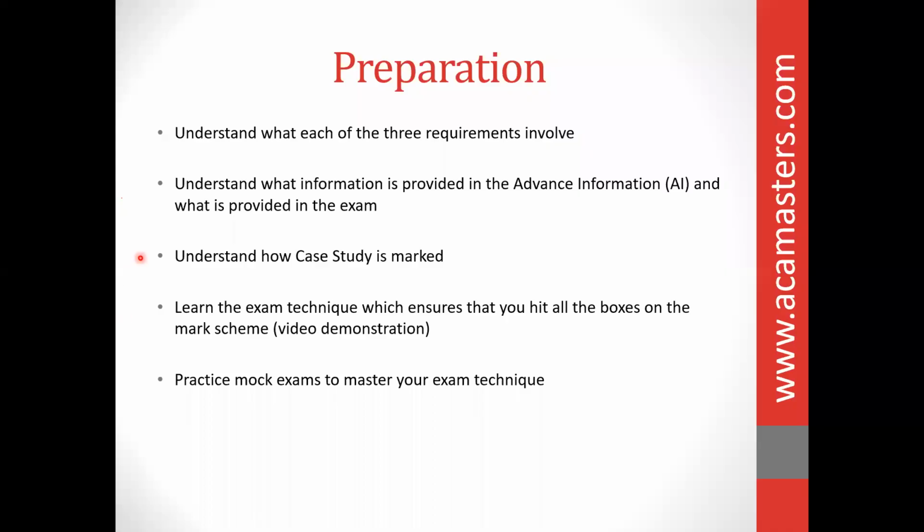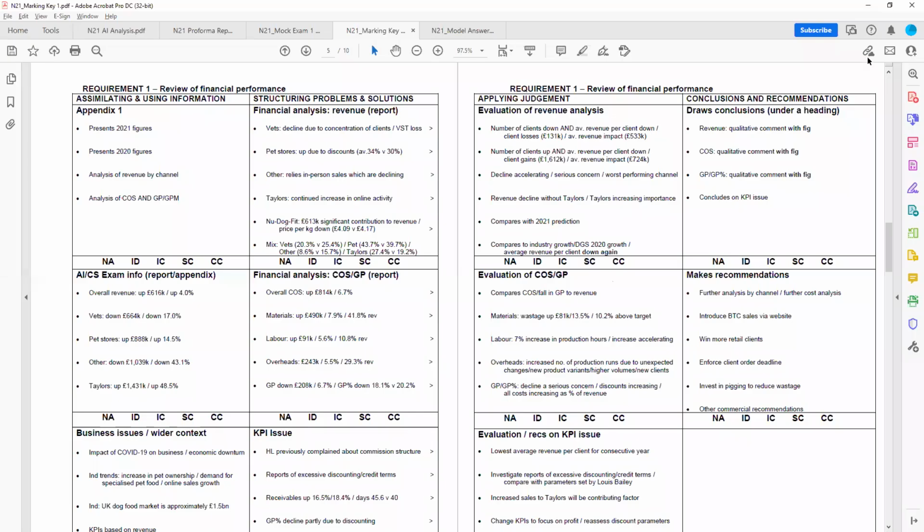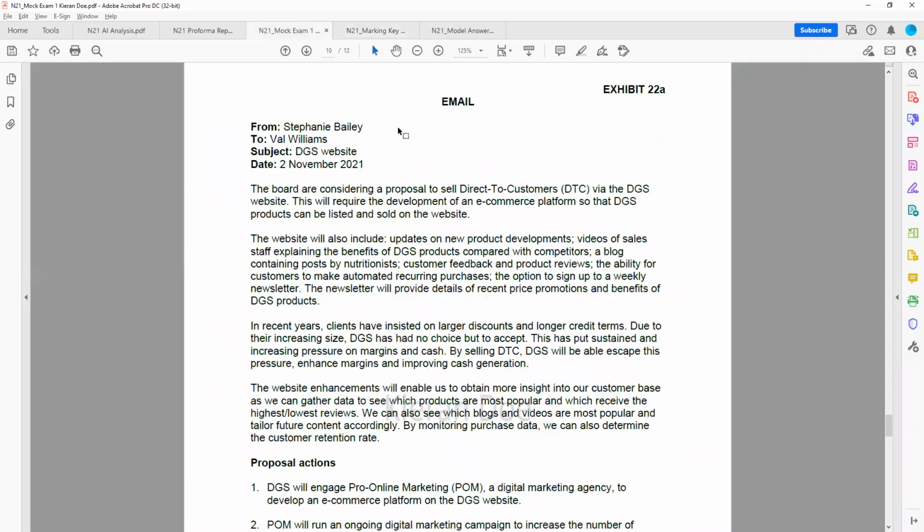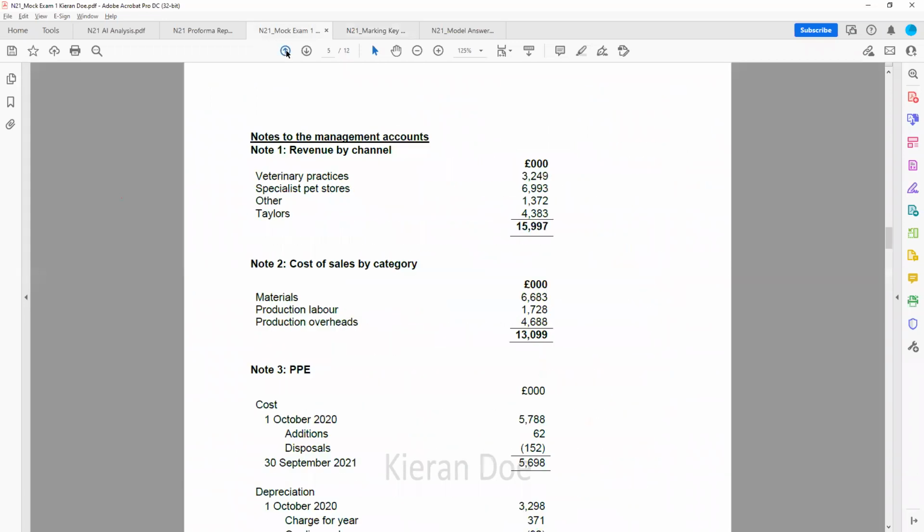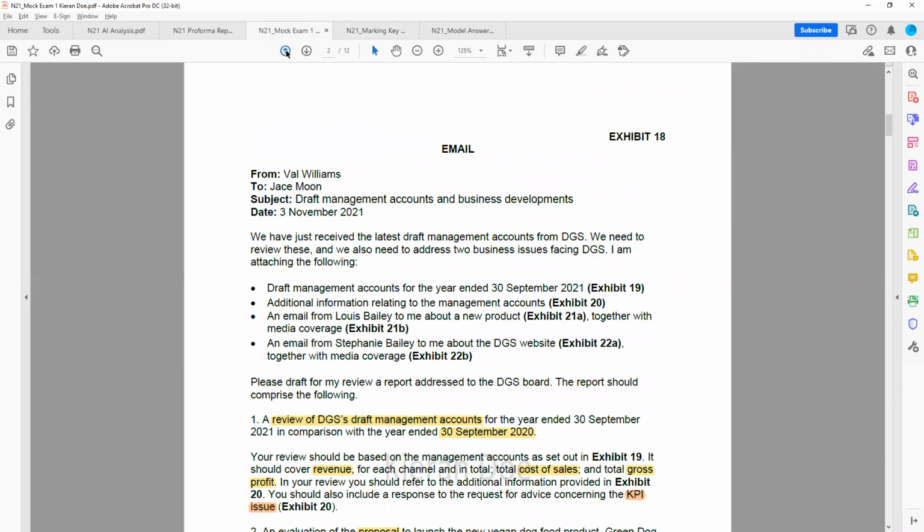So once you've got that understanding of the marking key and how that works, then you need to work on your exam technique. You need to learn the exam technique, which will ensure that you hit all of the boxes. So, how do you go from this being the requirement? Let's take requirement 1, for example.